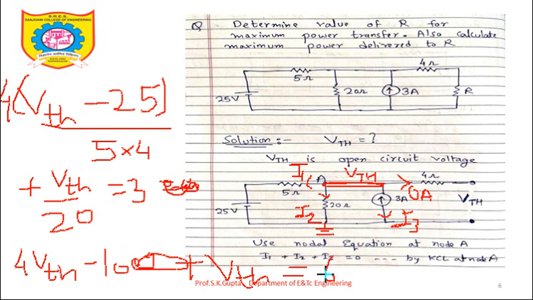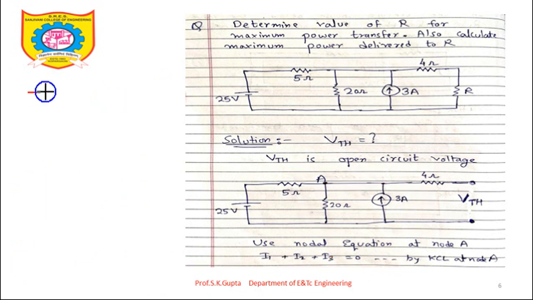Now this minus 100 will go to that side, so it becomes plus 100. So 60 plus 100, 160, and VTH plus 4 VTH, 5 VTH. So I have this equation, 5 VTH equal to 160.